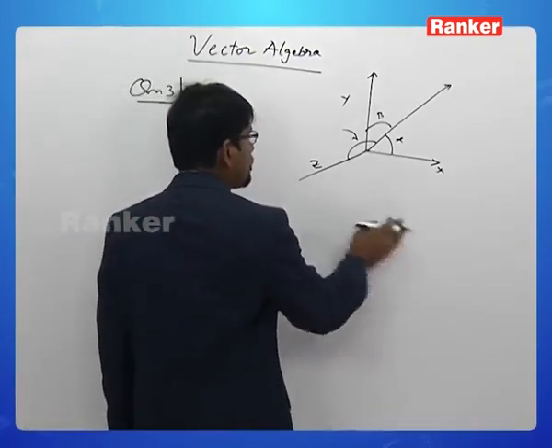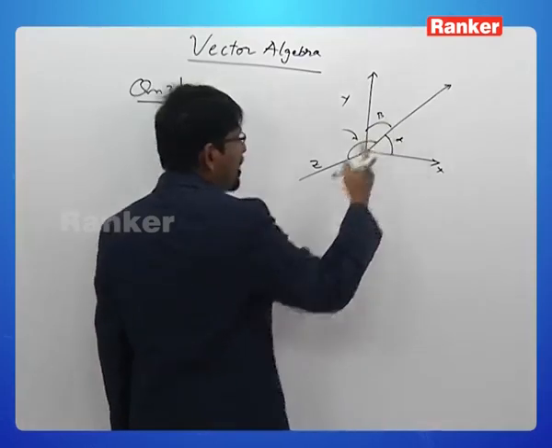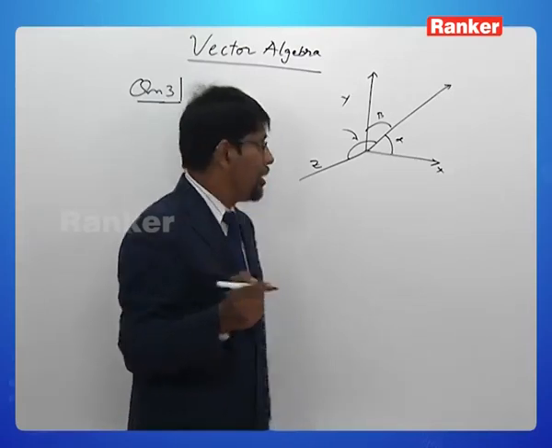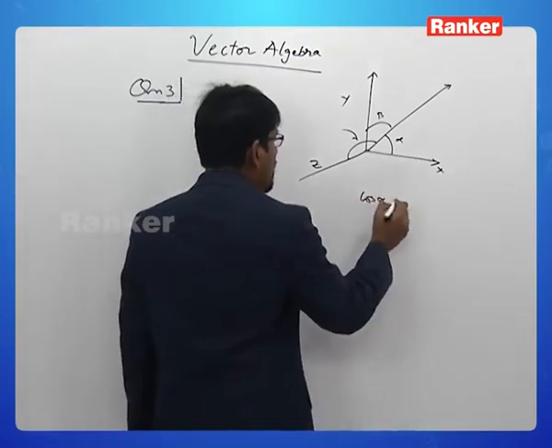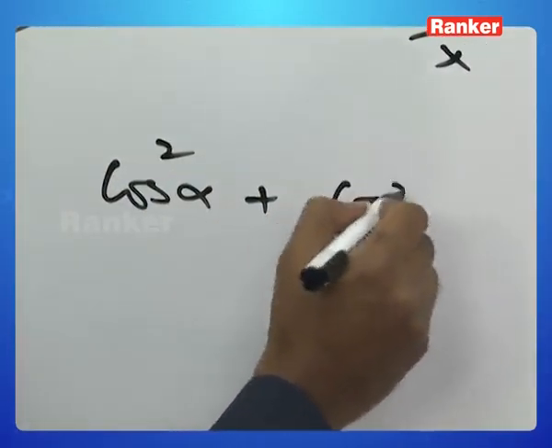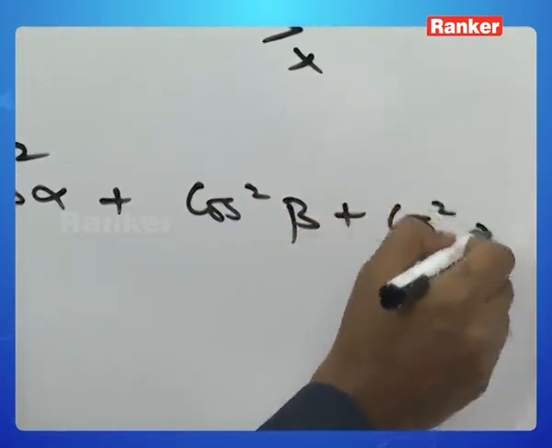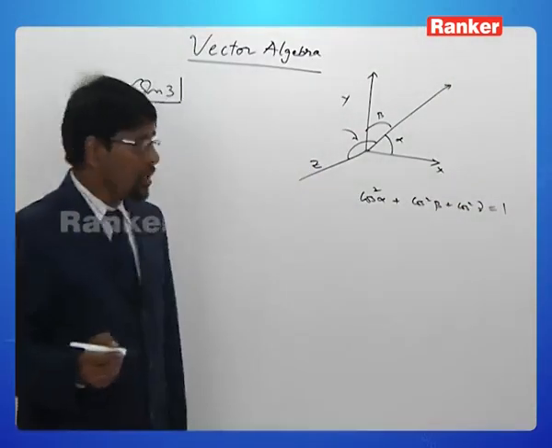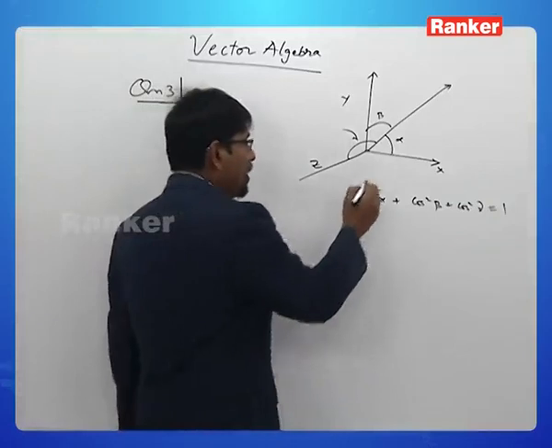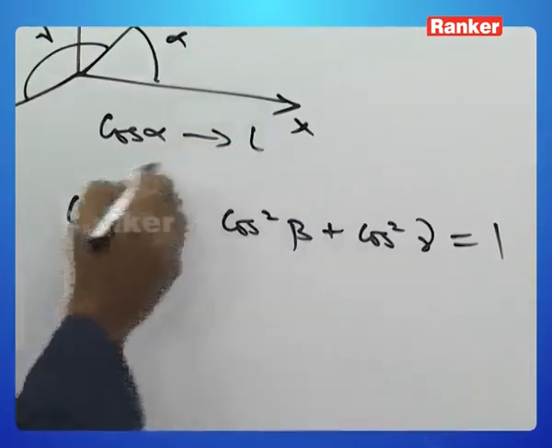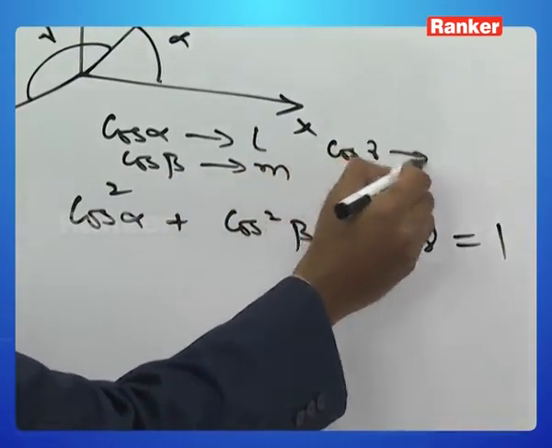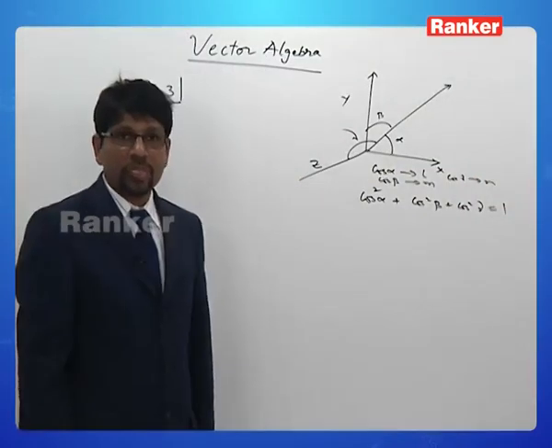First of all, if alpha, beta, gamma are the angles made by a line with the coordinate axes, then cos alpha, cos beta, cos gamma are the direction cosines, and cos square alpha plus cos square beta plus cos square gamma is equal to 1. We know this: the sum of the squares of the direction cosines is equal to 1, because if cos alpha is L, cos beta is M, that's a standard notation, and cos gamma is N, then L square plus M square plus N square is equal to 1.